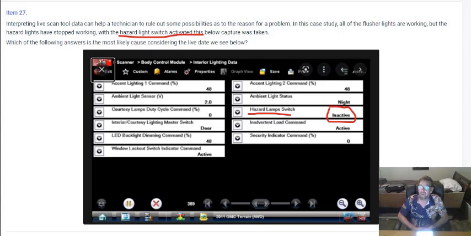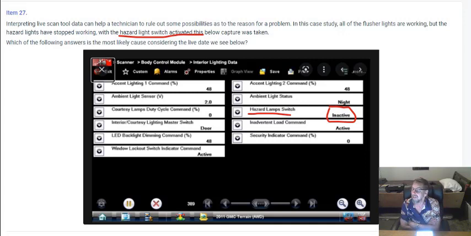Okay, we're looking at this question in Unit 13, question 27. Seems that most of you were not really understanding, so I thought I'd give you some clarity on this question. It says, interpreting the scan tool data can help a technician to rule out some possibilities as to reasons for a problem.